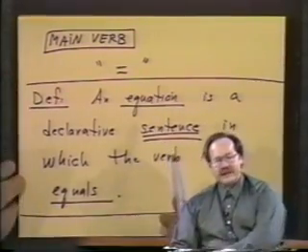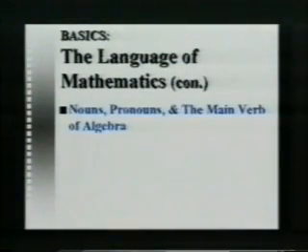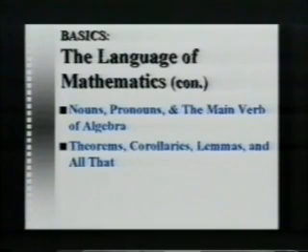All right, let's go back to my list and look at my final topic for the language of mathematics. Theorems, corollaries, lemmas, and all that. What are all of those, and why do mathematicians use all those odd words? Well, let's see here. Let me write these down.